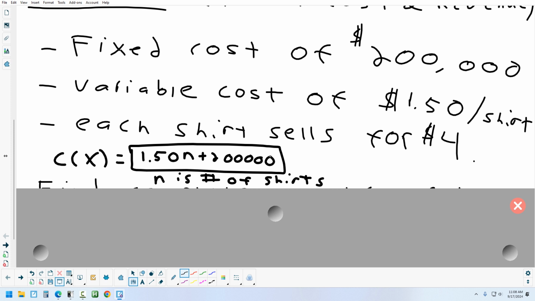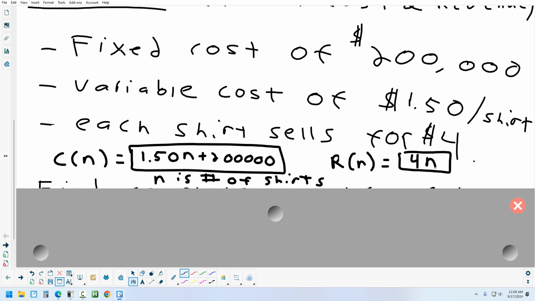Okay. Now we want to figure out what's the money that the company receives. Not necessarily the profit. The profit is going to be the difference between the costs and the revenue. I just want to know what is the total, and I thought we were going to use X. I should really make that an N. What's the formula for the total amount of money that the company will receive per shirt? $4, and what would be your formula right there?